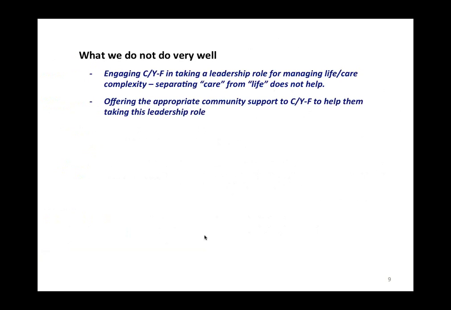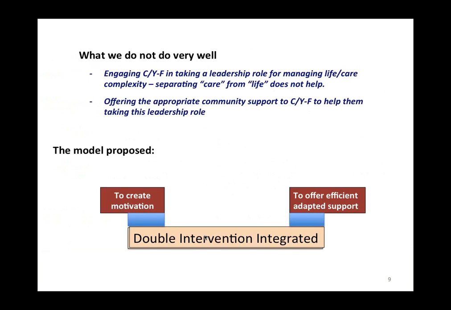And the second premise is that offering the appropriate community support could help them to take this leadership role and be strong in organizing the management of care. So the model is relatively simple on this picture at the bottom of one slide, where it's a combination of two interventions that are integrated.